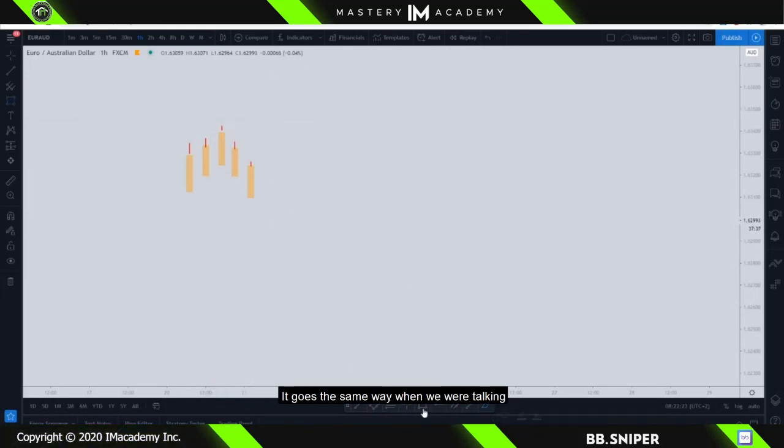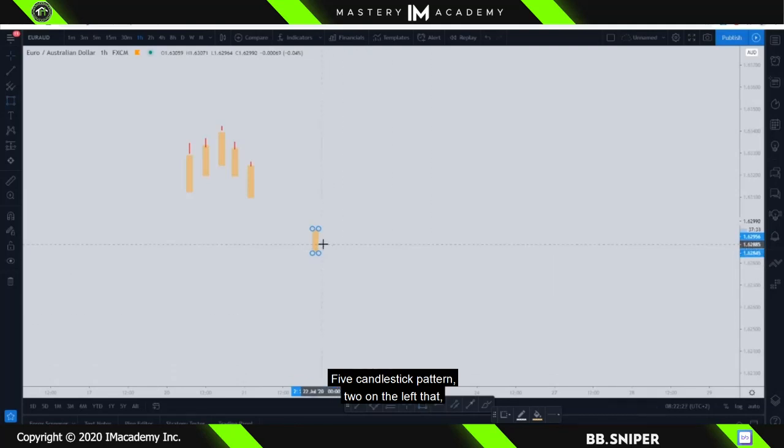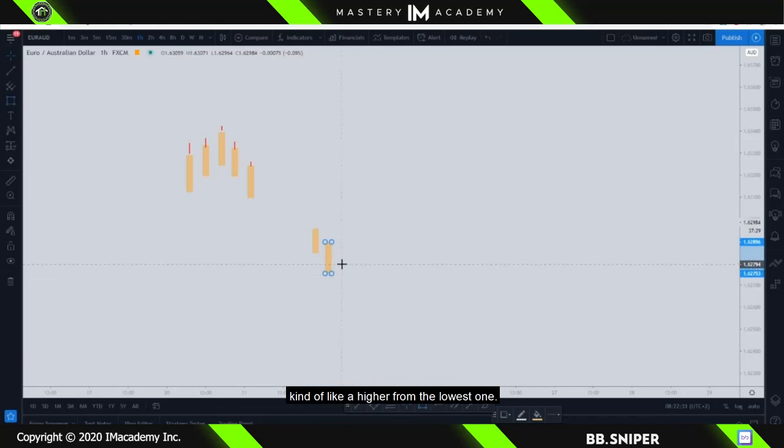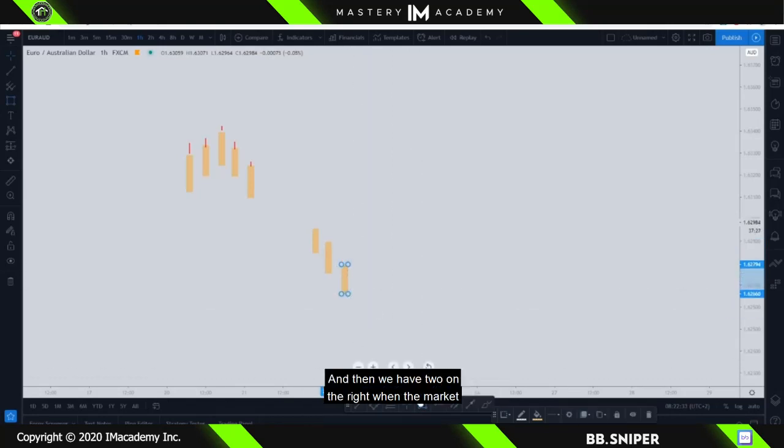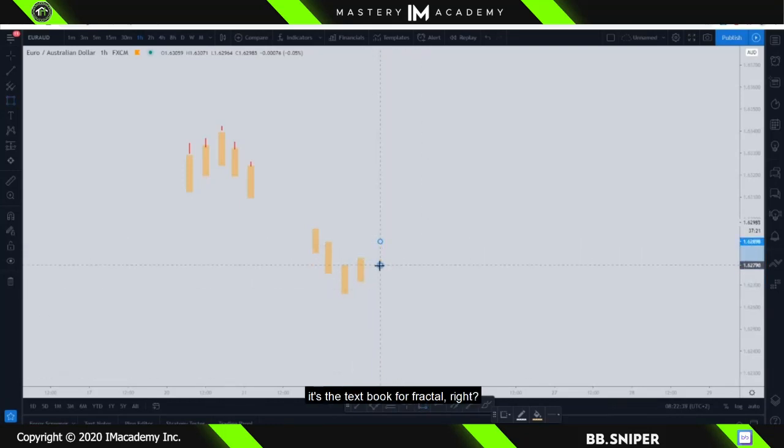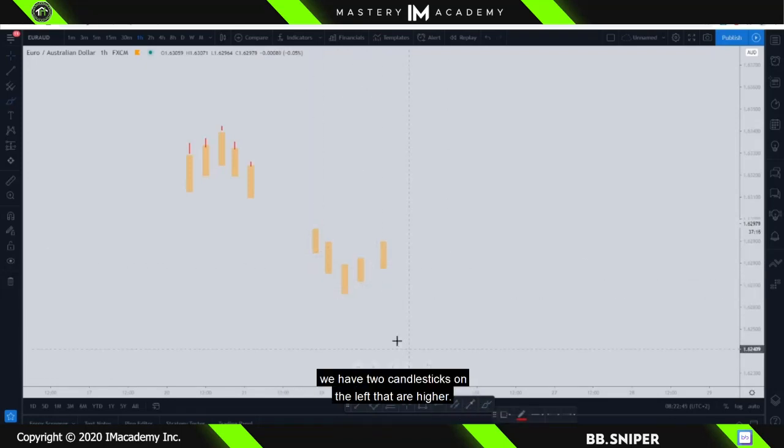It works the same way when we're talking about the lows. In the 5 candlestick pattern, we have 2 candlesticks on the left that are higher than the lowest one, and then 2 on the right where the market is already going higher. That's the textbook definition of a fractal. When we have a low over here, we have 2 candlesticks on the left that are higher and 2 candlesticks on the right that are higher.